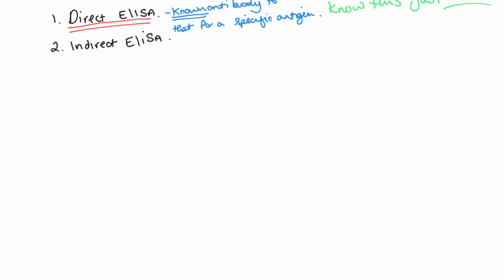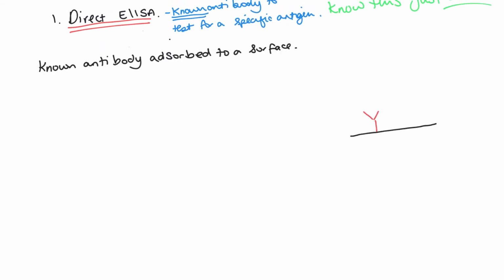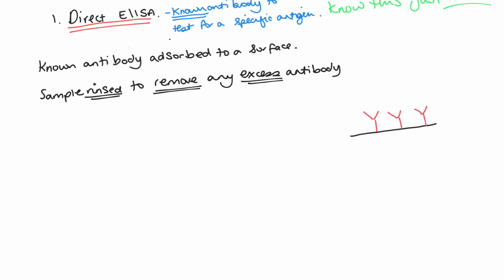So what would we do? We would adsorb it. We would stick it onto a surface. And then we would rinse that surface to remove any excess antibody that hasn't stuck to the surface. And then we would take our blood sample and we would add that to our surface.